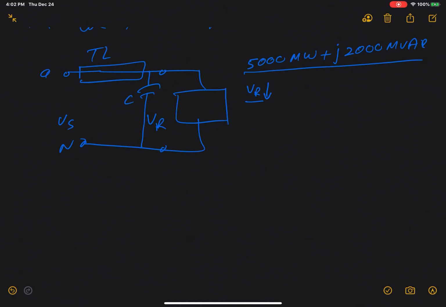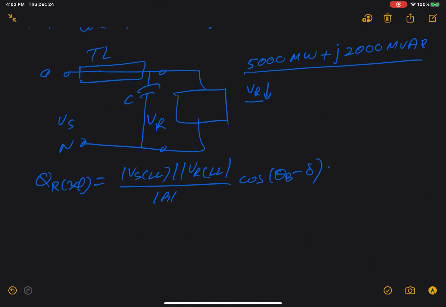So for example, the reactive power equation I gave in the previous slide is QR three phase equals VS line to line, VR line to line over B cosine of theta B minus delta, and another part over here.